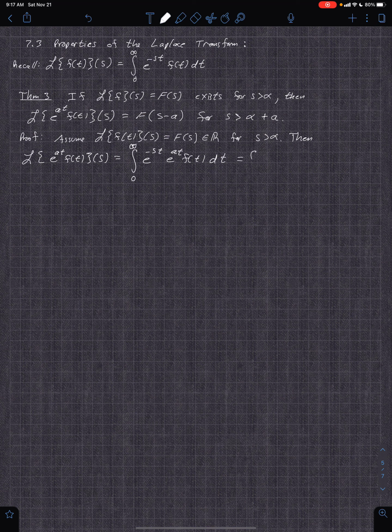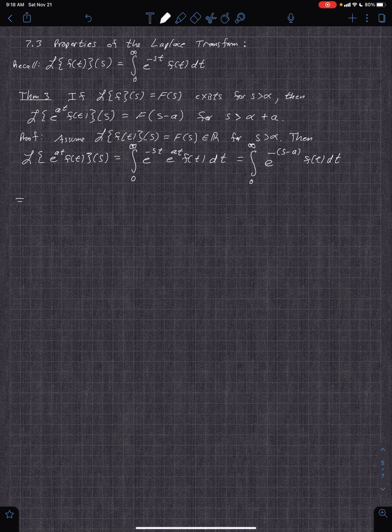So it's equal to the integral of 0 to infinity. And so that's just e to the negative s minus a, just simplifying a little bit, f of t dt, which equals, so that's the same form as above, right? It's this form, but instead of s, you have s minus a right here. Everything else is the same.